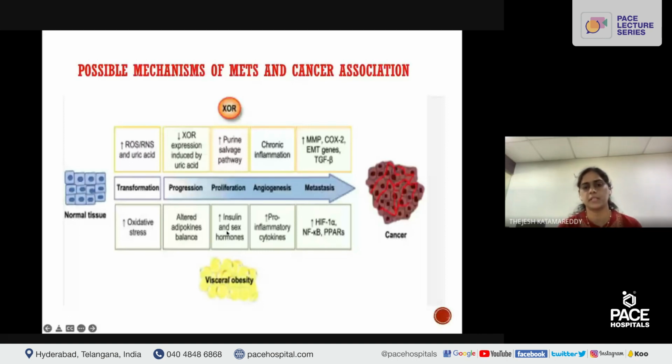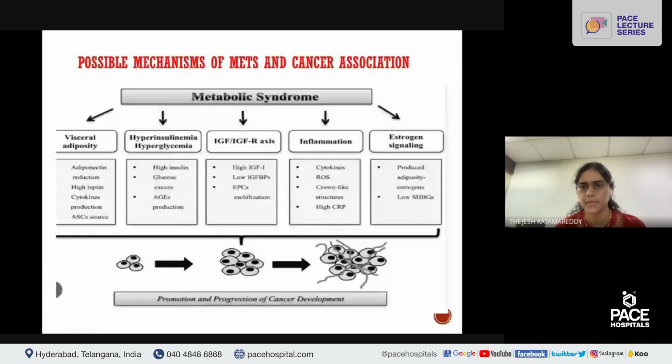The pro-inflammatory markers will lead to this angiogenesis, finally leading to metastasis of the cancer cell. This slide also explains the same: visceral adiposity, hyperinsulinemia, the IGF and IGF receptor axis, inflammation, and estrogen signaling. All these will lead to tumor progression, angiogenesis, and metastasis.